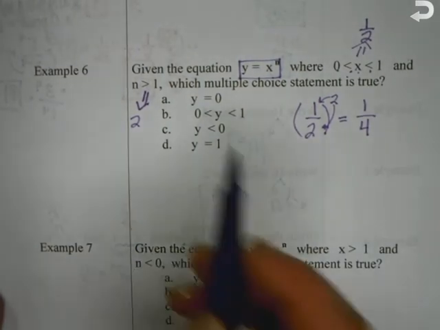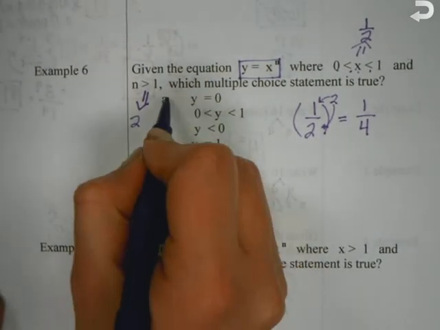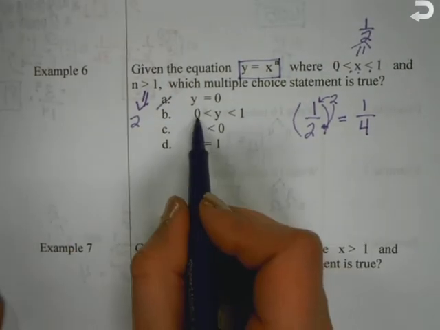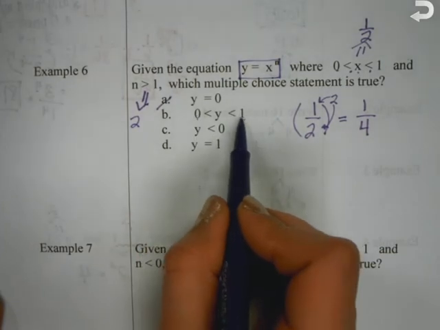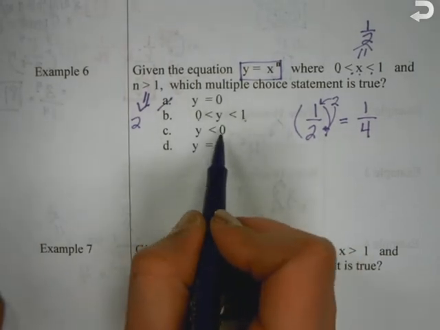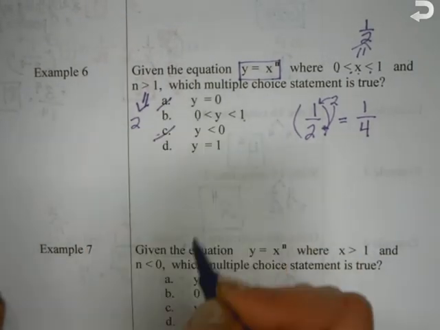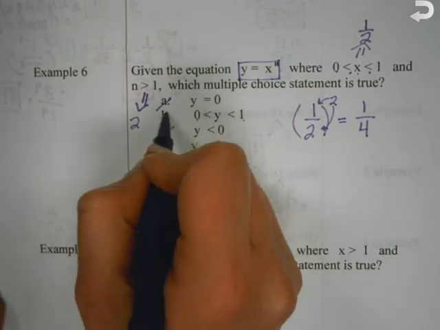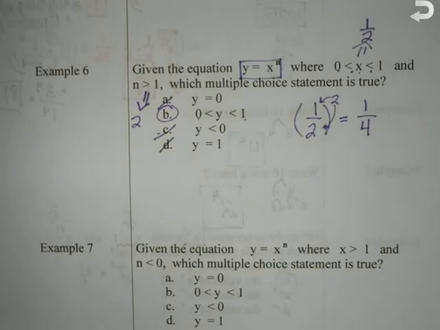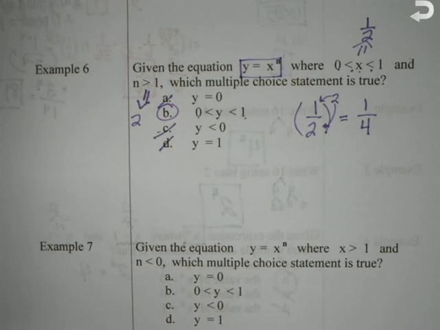No. Is 1/4 in between 0 and 1? Yeah. Is 1/4 less than 0? No. And is 1/4 equal to 1? No. So the only choice is B. Does this make sense, guys? You okay?